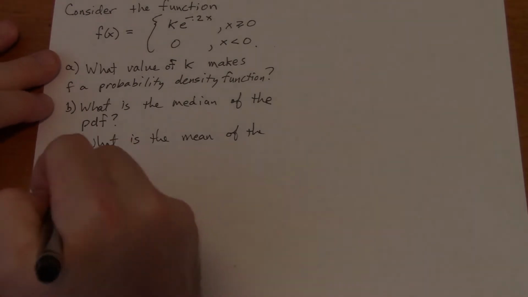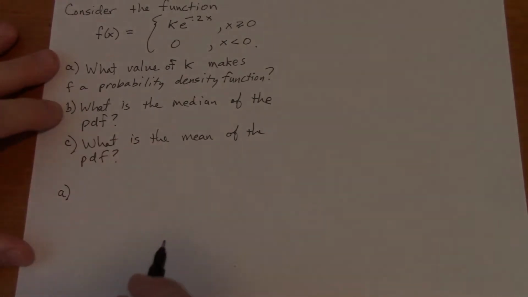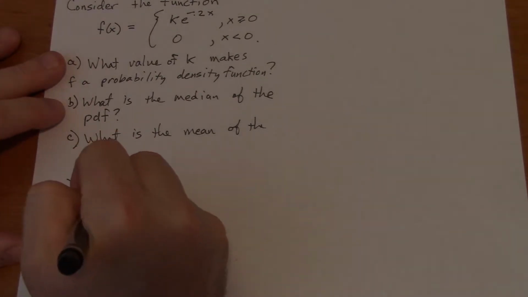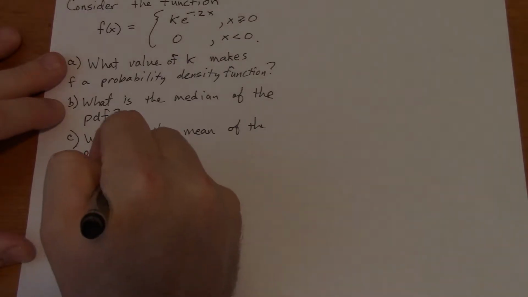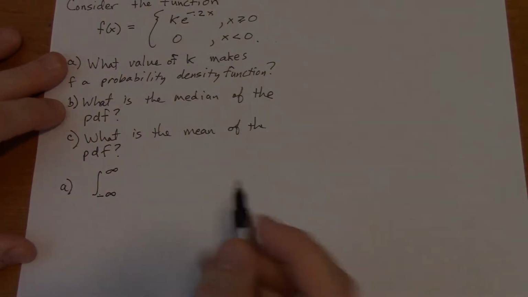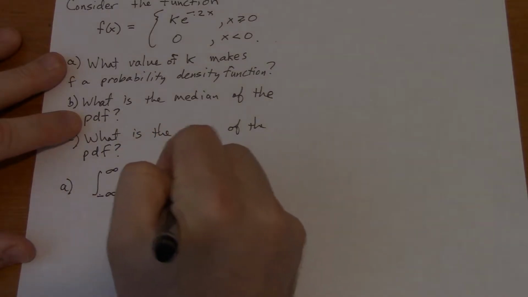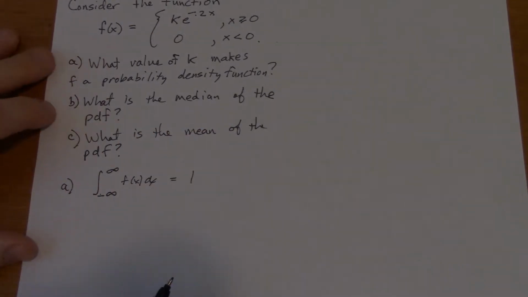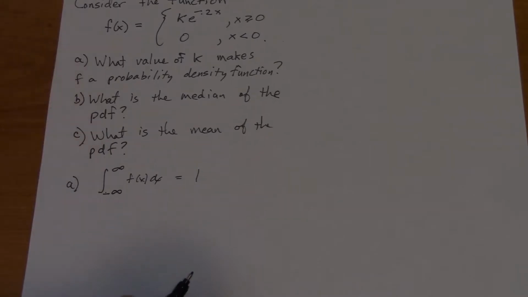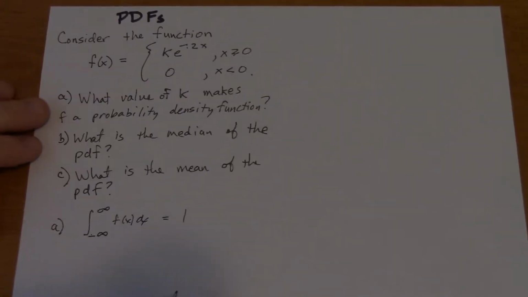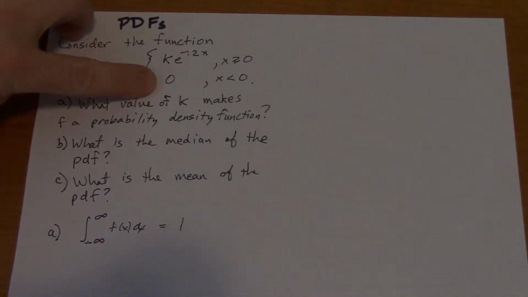So first off, for part A, the definition of a probability density function is that the integral from negative infinity to infinity of f of x dx is equal to 1. Now in our case, for negative infinity to 0, the value of the function is 0.